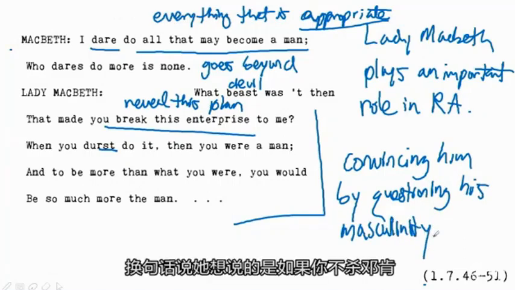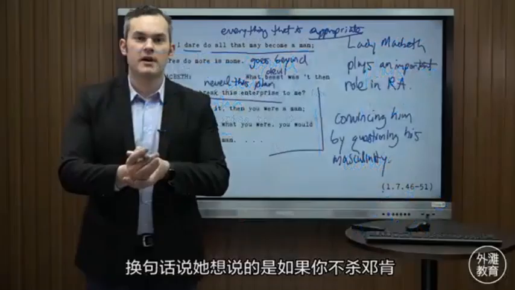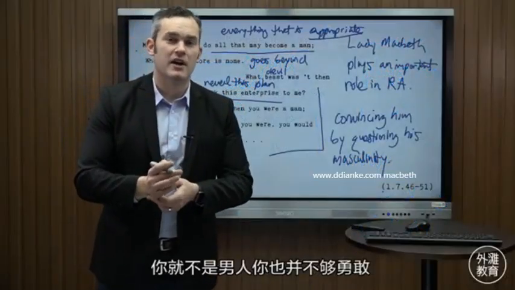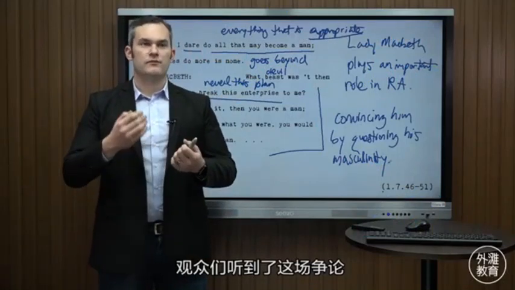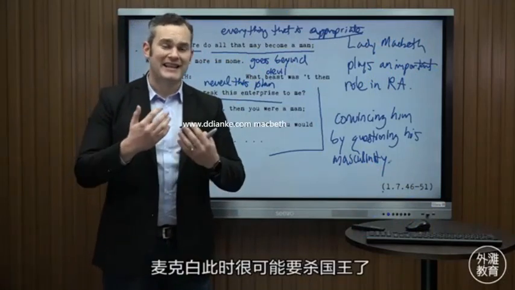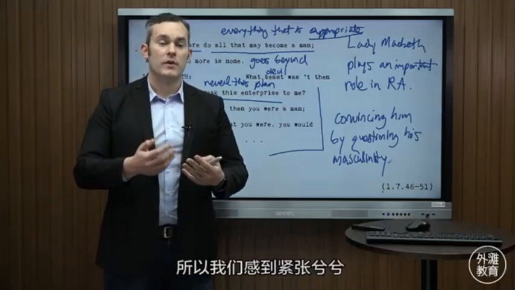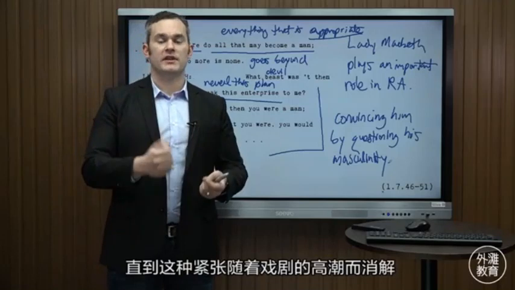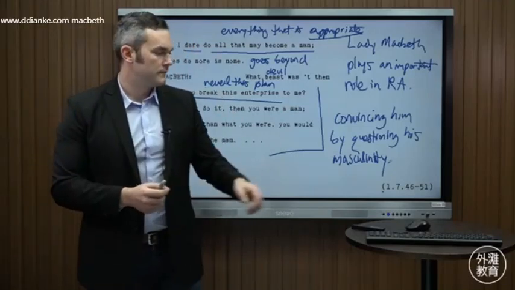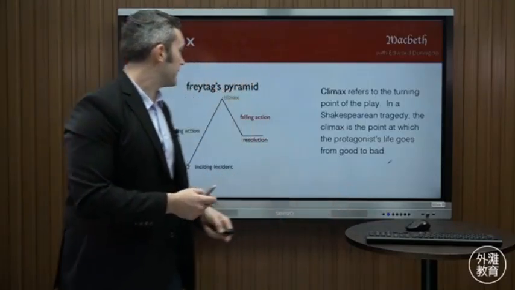Right? In other words, she is saying, if you don't kill Duncan, then you're not really a man and you're not really brave. And the audience feels this argument and realizes that Macbeth is now likely to kill the king. And so we feel nervous and we feel tense until that tension breaks with the climax of the play.